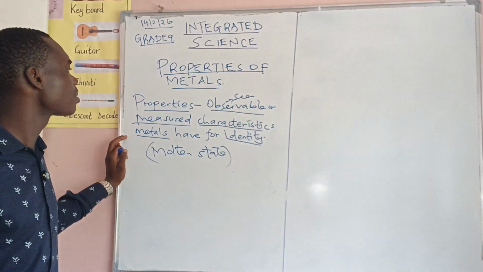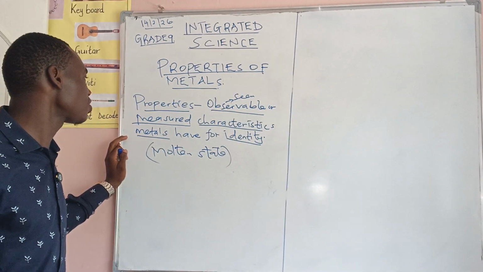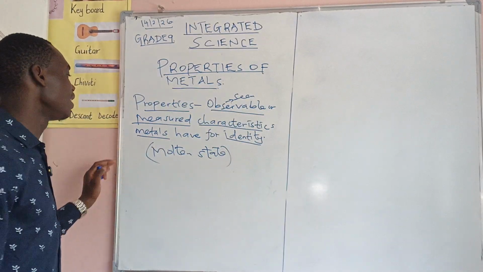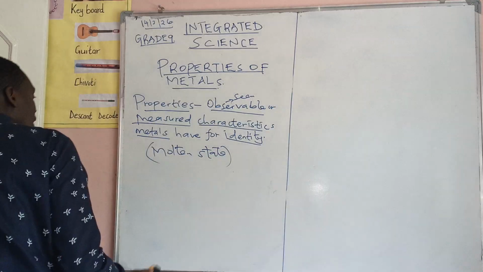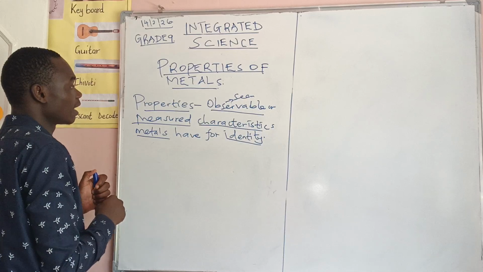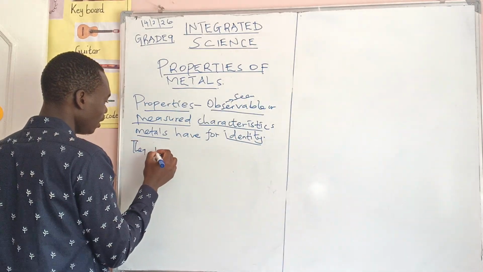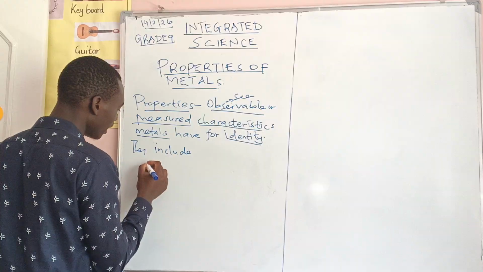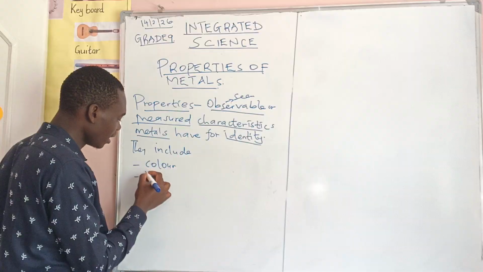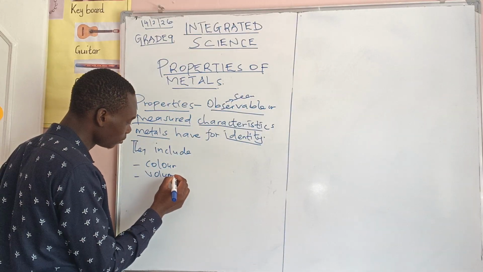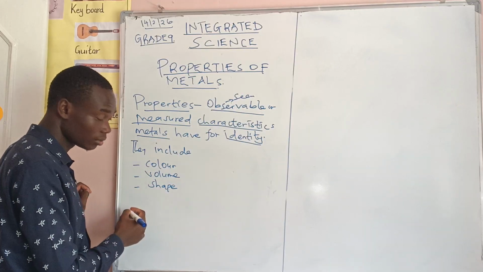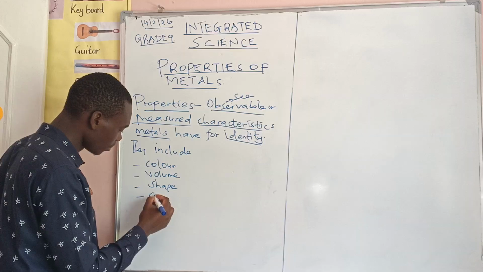So we are going to see observable, measurable characteristics that metals have for identity. The characteristics include color, volume, shape, and compressibility.